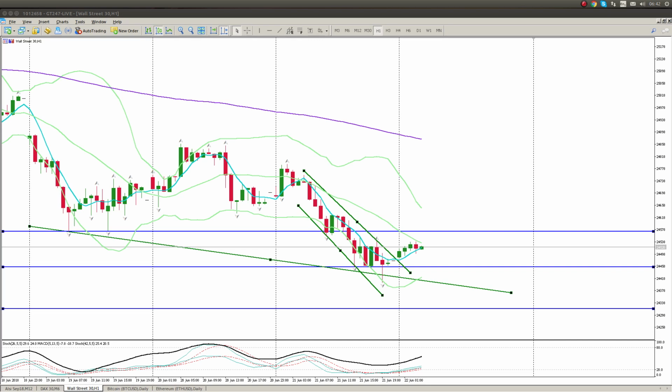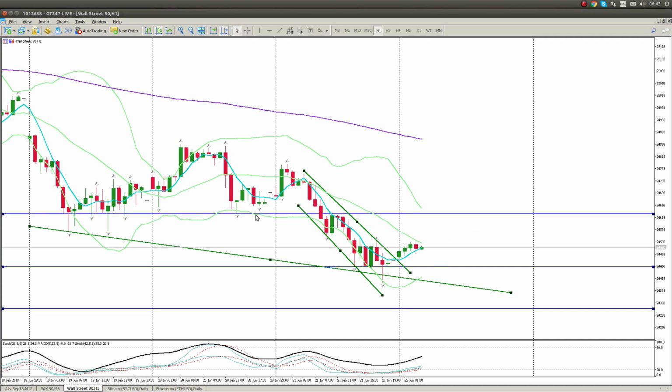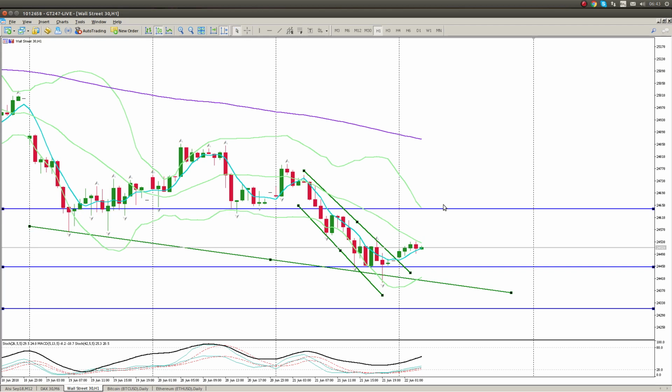If we do come back and test any of the breakouts on the hour, in other words testing this level, and we start moving to the downside, I will then consider shorts. Ideally, I'd like to see a test up here somewhere, and then start moving to the downside. That would get me short again. But for now, looking for the longs at this level, and we'll see what happens.